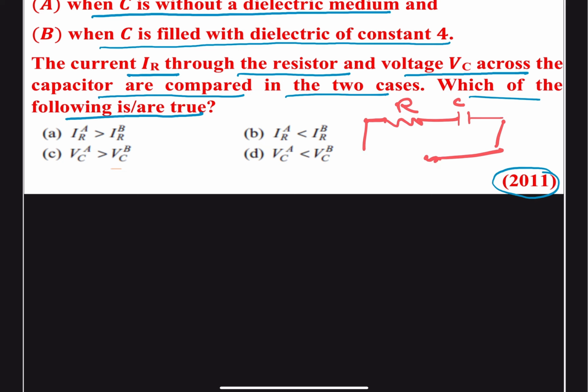In the first case, it is given that the capacitor is without dielectric, so we can consider that it is having a dielectric constant of 1. In the second case, the dielectric constant is 4, so we can say the value of K is equal to 4.